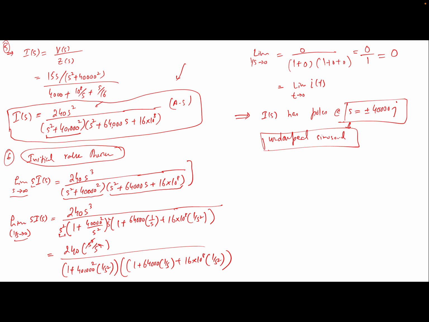That is why I cannot compute my final value theorem, because, for example, one of these poles, s equals plus 40,000 j, lies on the right hand side. So this means that my solution at time t equals infinity is not settling down, and does not decay. My oscillations are not decaying, and that is why I cannot apply the final value theorem over here. So just making a quick point why we only applied the initial value theorem and not the final value theorem.